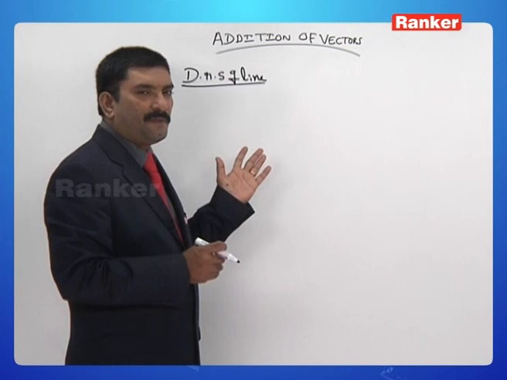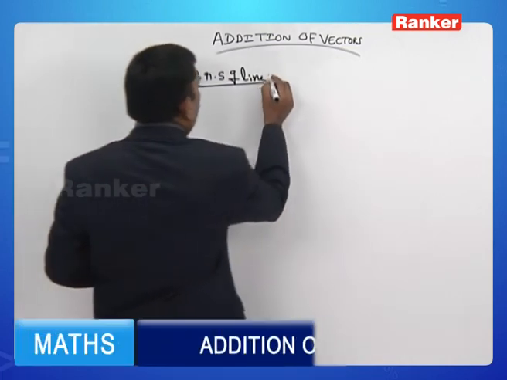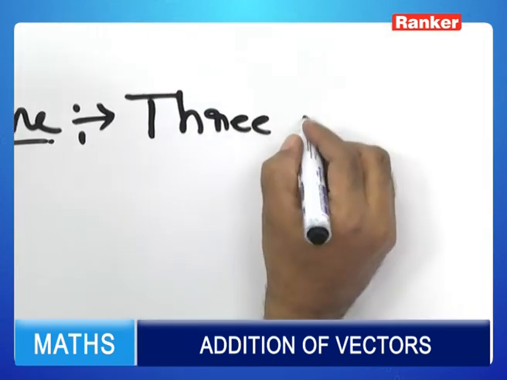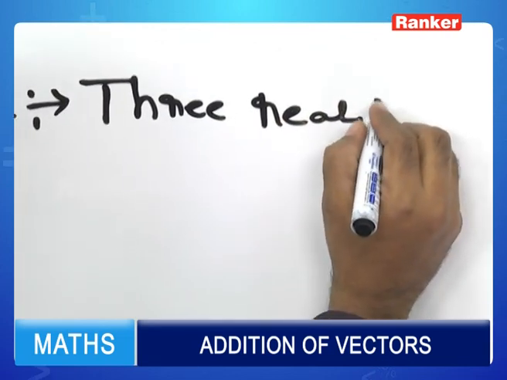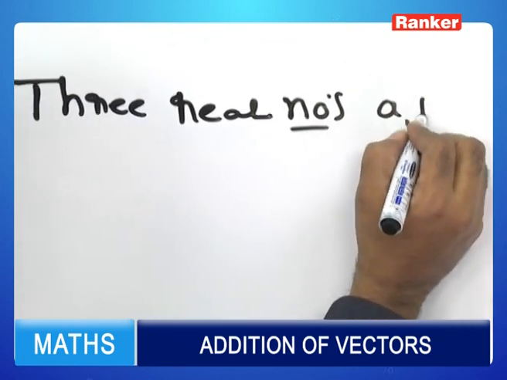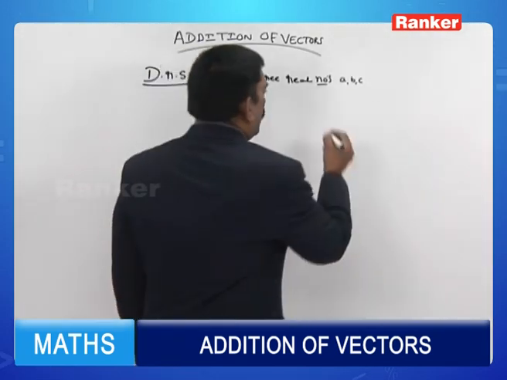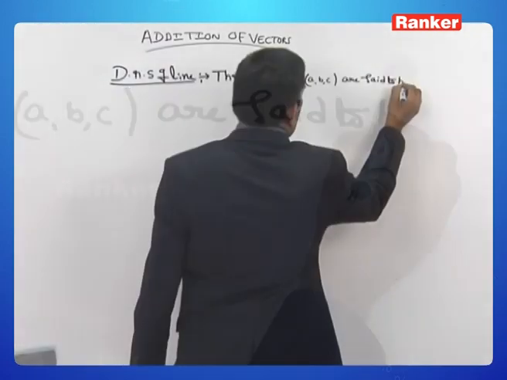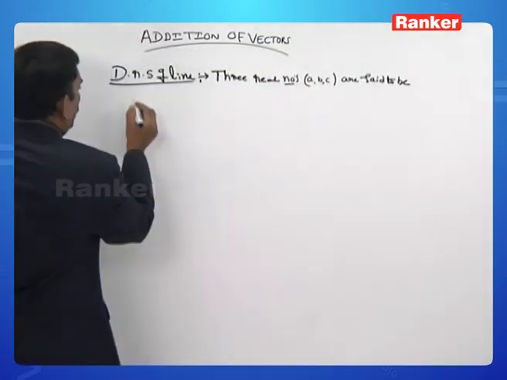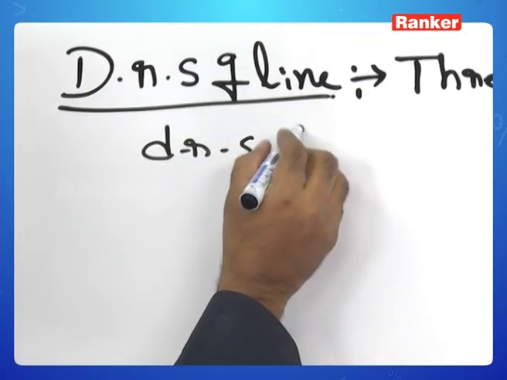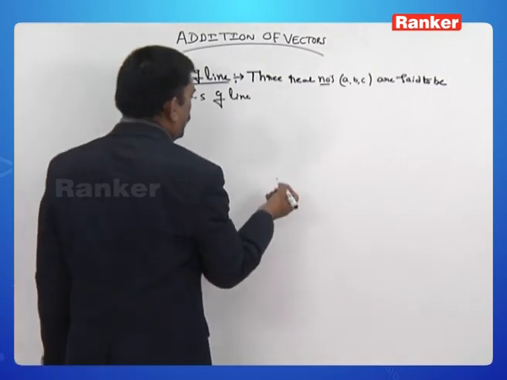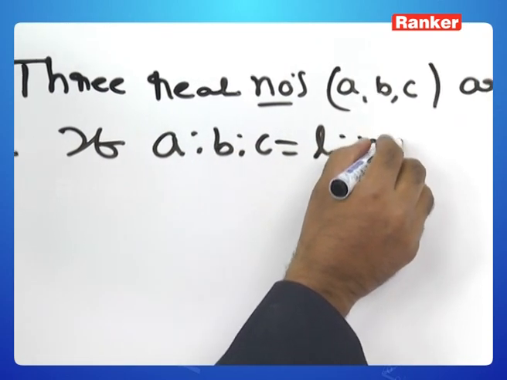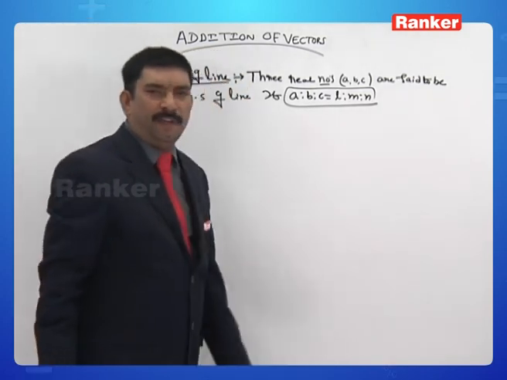When you know the DCs of a line, what is DRs of a line? Three real numbers A, B, C are said to be DRs of a line or a vector A bar if A is to B is to C is equal to L is to M is to N. What does it mean?